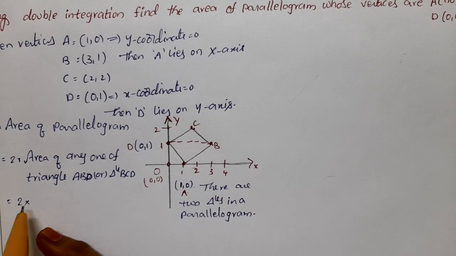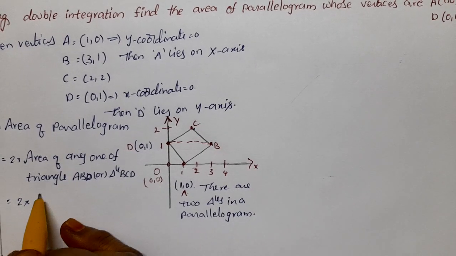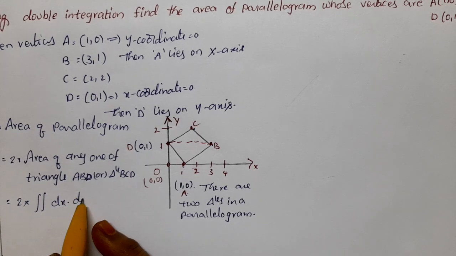This is equal to 2 into area of triangle, in Cartesian form double integral dx dy.